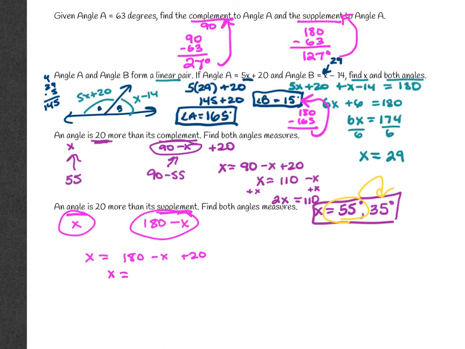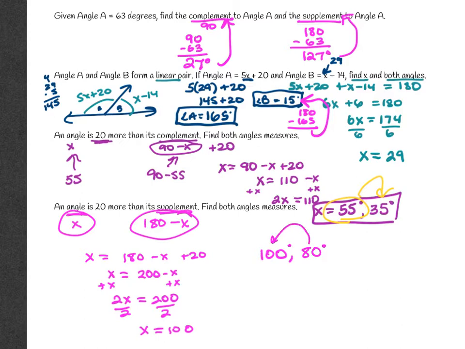I'd get x equals 200 minus x, add the x, 2x equals 200, divide by 2, and x equals 100. That's one of your angles. The other one would be 180 minus 100, or 80 degrees. And then again, you want to check, is this one 20 more than the other? It is, so it works.